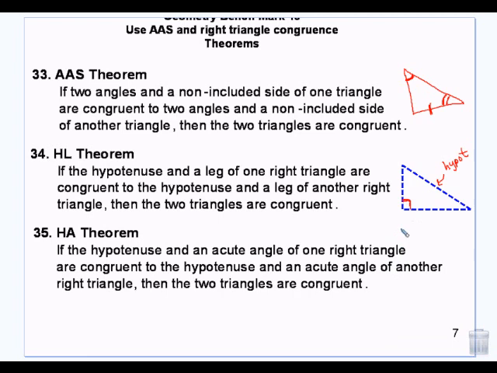So what we have is, when you have hypotenuse leg, you have the hypotenuse, hypotenuses. I'm not really sure which is correct. But the two hypotenuses are congruent. And then one or the other of the legs.